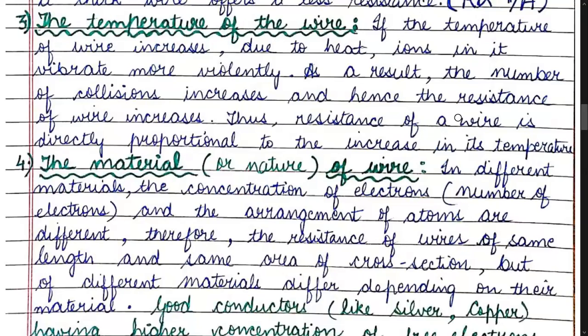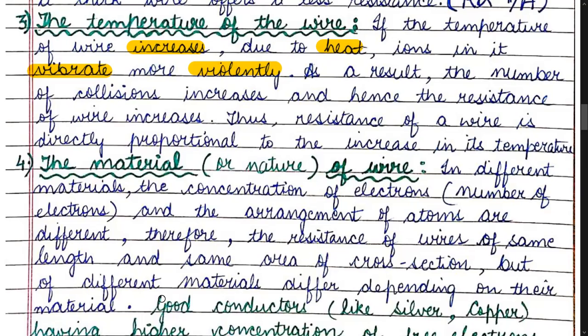Coming to the third factor, that is the temperature of the wire. Students, if the temperature of wire increases due to heat, ions in it vibrate more violently. The electrons and the positive ions all will be vibrating because the temperature has risen, and because of high temperature there is heat in the conductor.